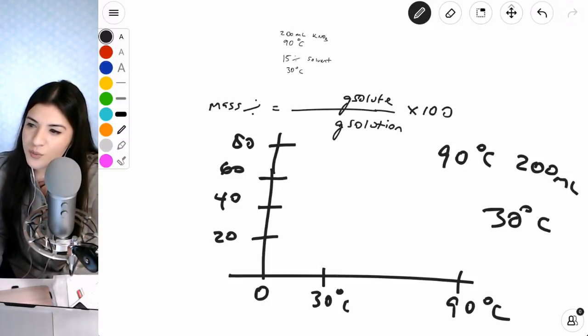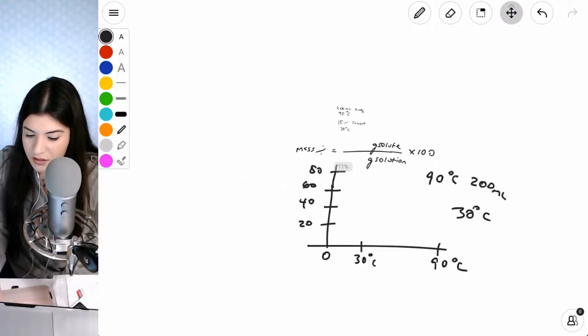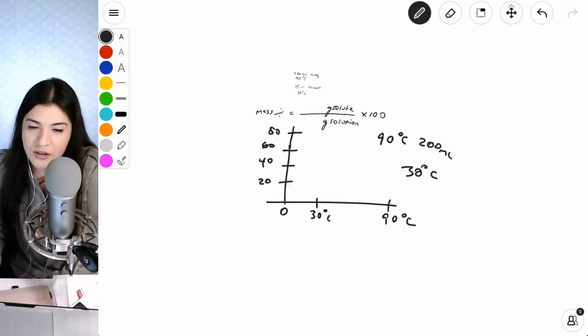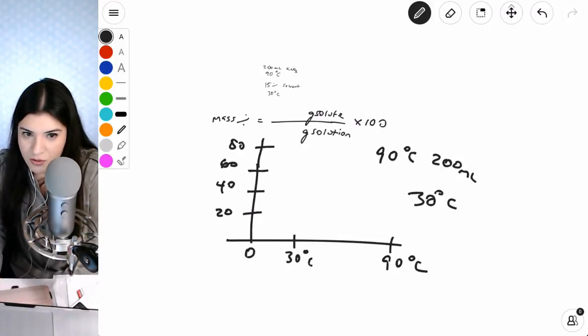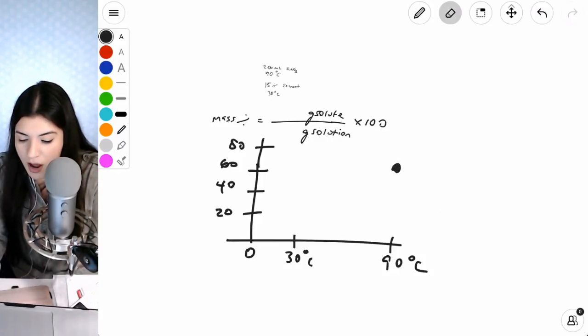But this would have been 200 milliliters of saturated solution, and then if 15% of the solvent evaporates as the solution is slowly cooled. So I started off at, let's say here, right, at 90 degrees Celsius. That's at 200 mils of our solution, and it's saturated. That means that there's more solute in our solution. So I most likely would have a higher point on my graph.